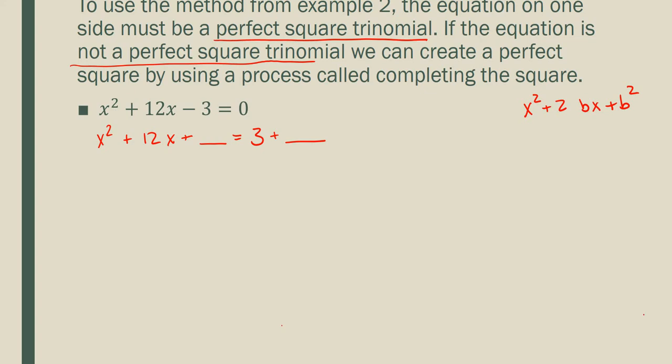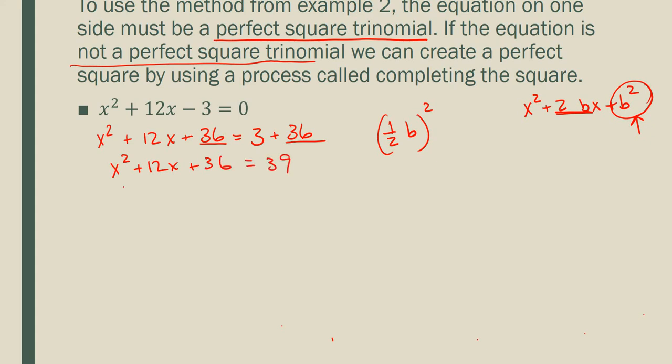That will make this a perfect square. That number that I want to add is half of the middle number and then squared. So half of the middle number is 6. 6 squared is 36, and I'm going to add it to both sides. So now I have x squared plus 12x plus 36 equals 39.